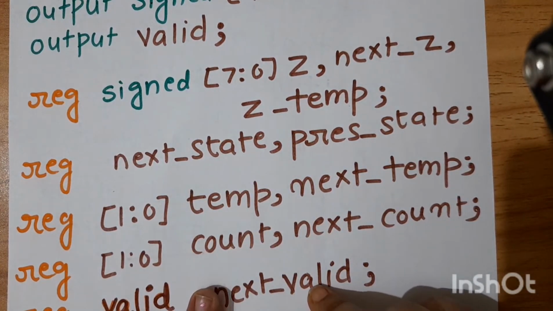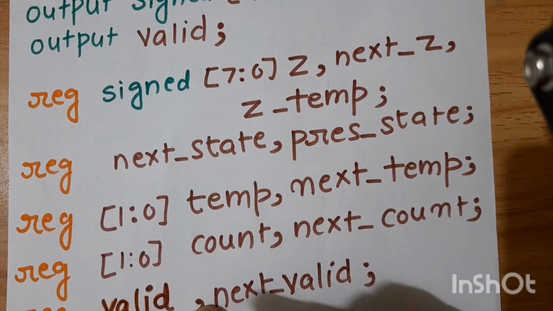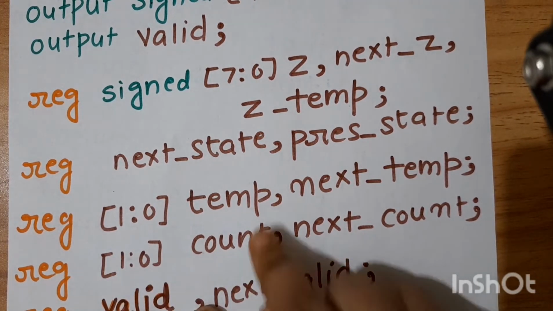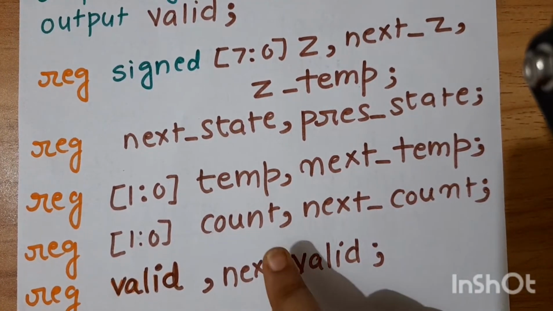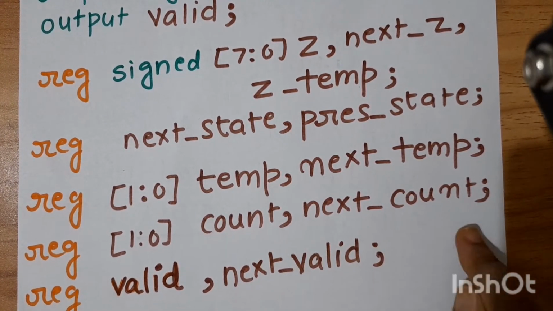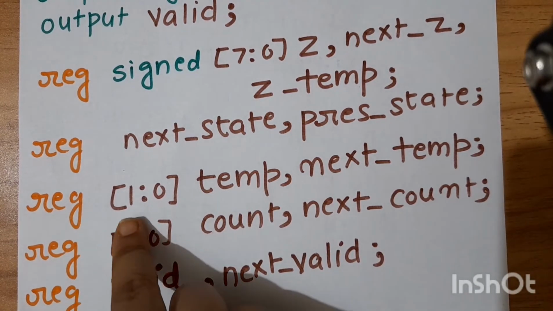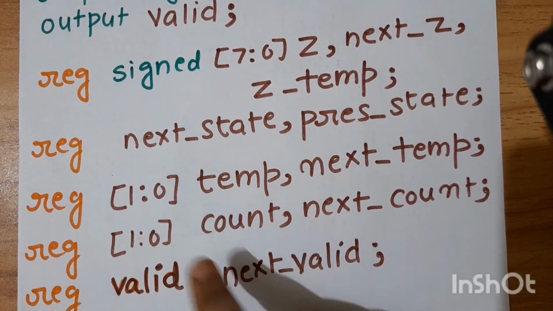Reg next state, comma present state, semicolon. Reg [1:0] temp, comma next temp, semicolon. And reg [1:0] count, comma next count, semicolon. So this one is [1:0].